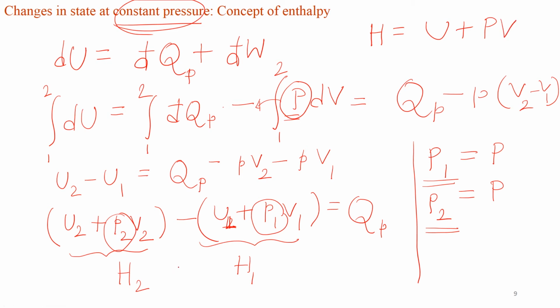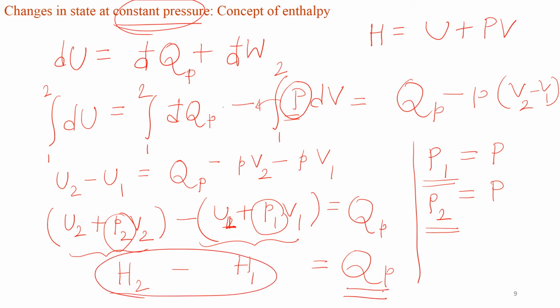Now, we see that this difference H2 minus H1 is equivalent to the heat change at constant pressure, where H is defined as a quantity equivalent to U, the internal energy, plus pressure times volume. So, the change in H is equivalent to the associated heat change at constant pressure.